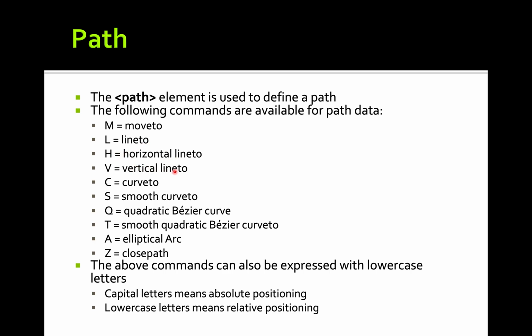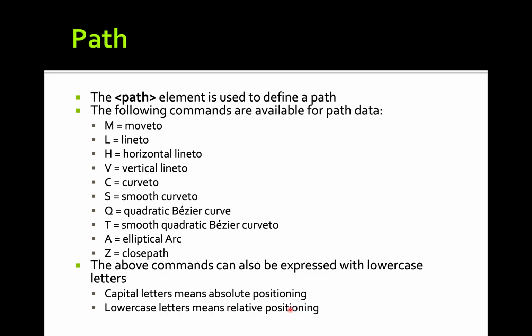Horizontal line, vertical line, curve to, smooth curve, quadratic Bézier curve, or we can have a smooth quadratic Bézier curve too. The above commands can also be expressed with lowercase letters instead of the capital letters. The capital letters mean absolute positioning, and the lowercase letters mean relative positioning.